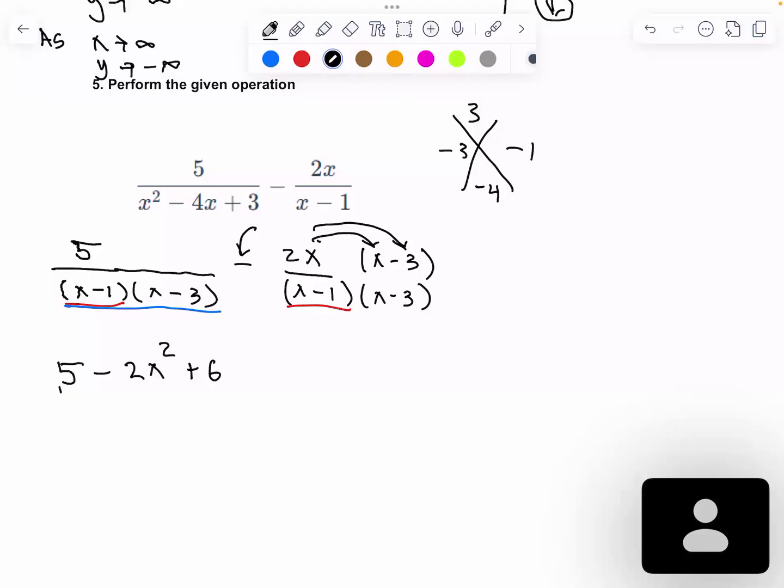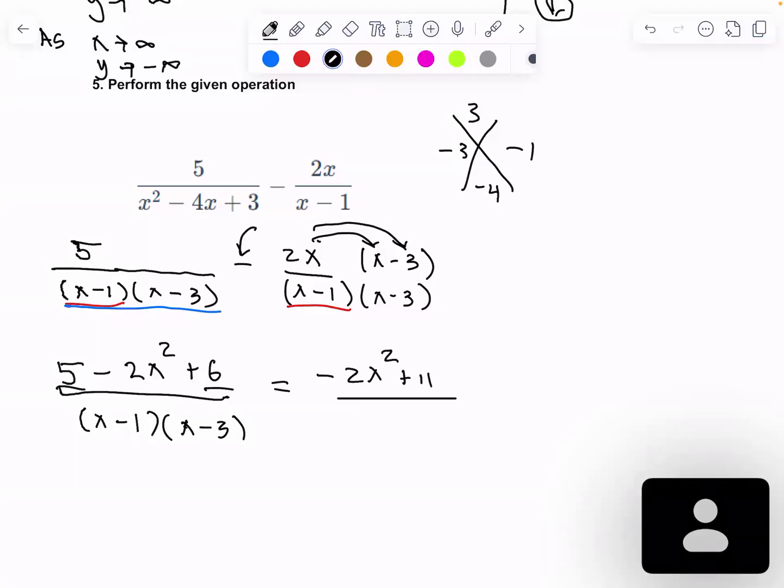Okay, so let's do some rearranging and adding like terms, see what we can do. Okay, so we have a 5 and a 6, right? Those will combine to get 11. And now the bottom is this.